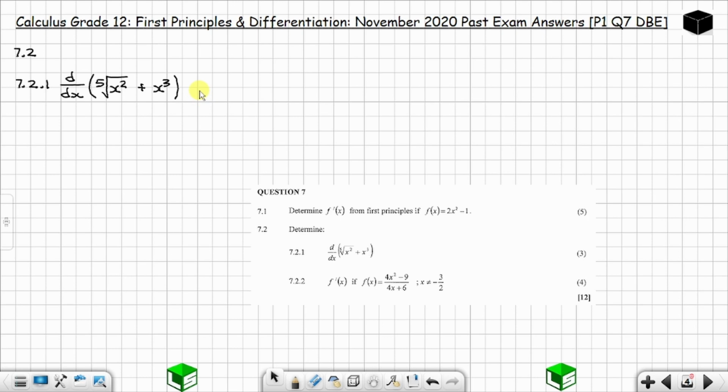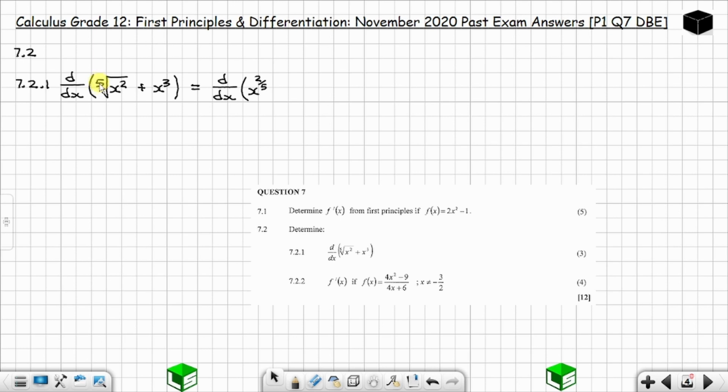Okay, this is equal to, before you can find the derivative of what is in the bracket, you can see you have the root symbol. You have to get rid of that, so that it can be easy for you to find the derivative. So this is equal to this. In bracket you have, remember this is x to the power of 2 over 5. So you have a fraction 2 over 5. The 5 is obtained there.